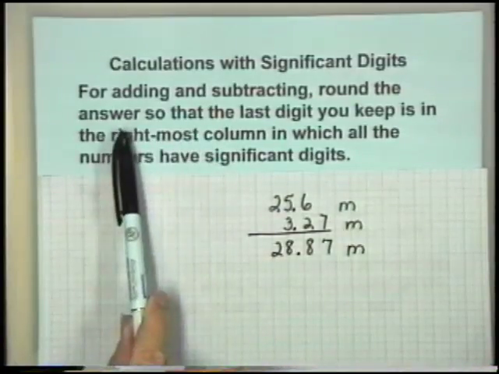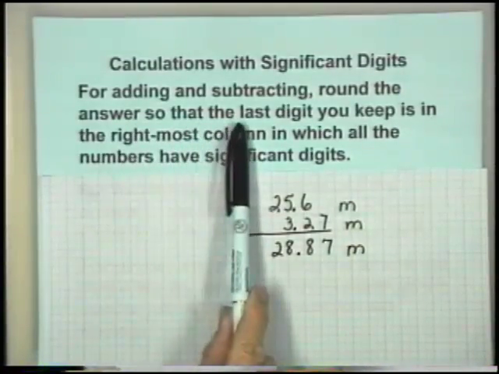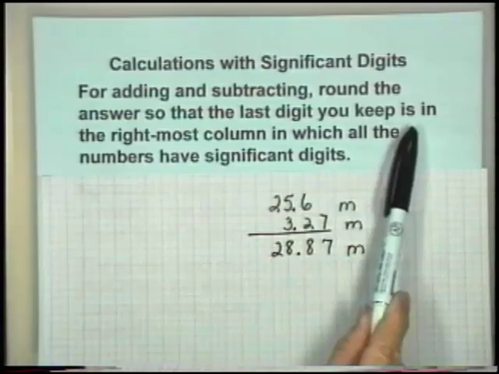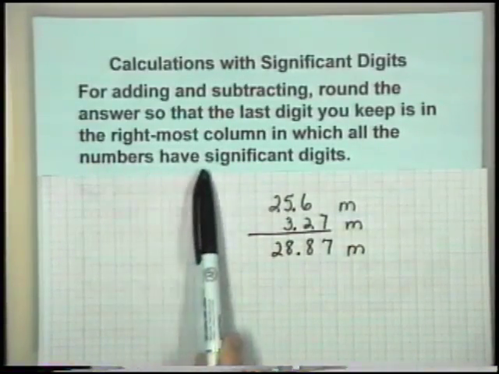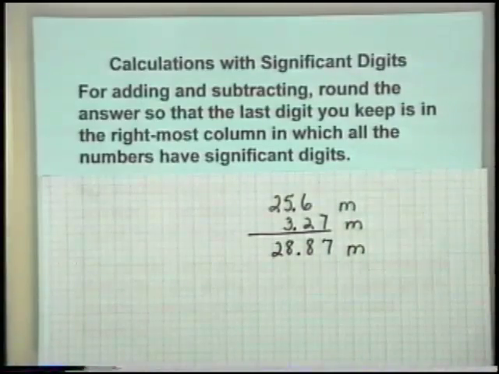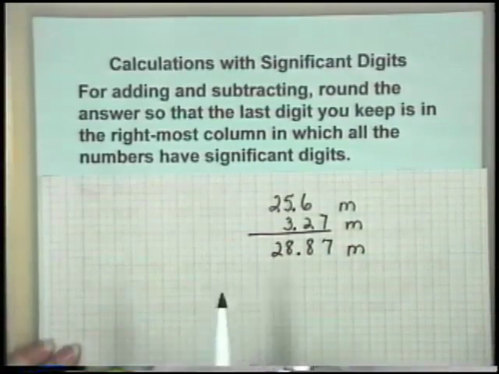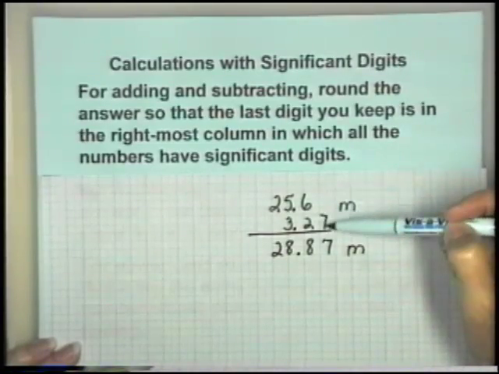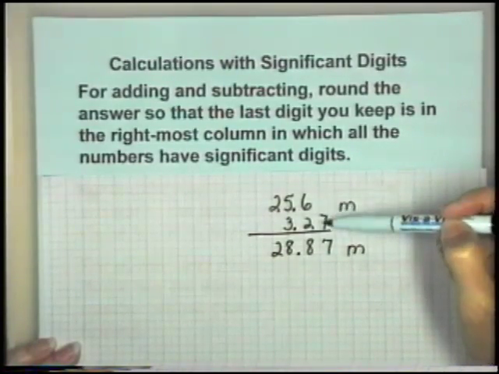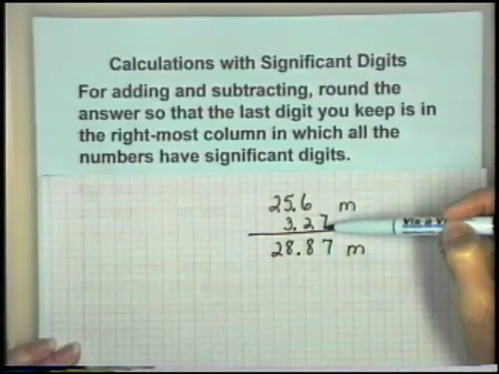But notice it says round the answer so that the last digit you keep is in the rightmost column in which all the numbers have significant digits. Well, let's see. This would be the rightmost column. Do both of my numbers have significant digits in this column?